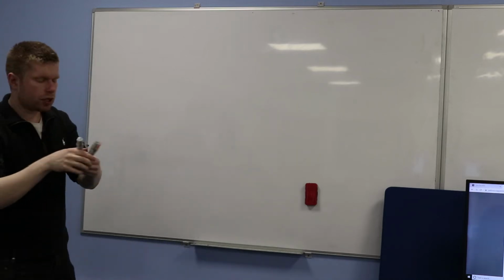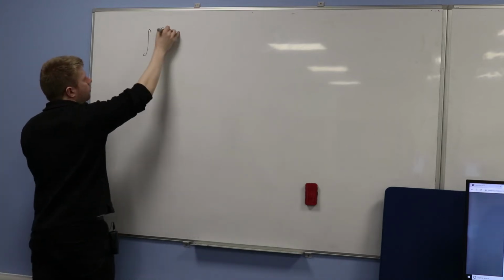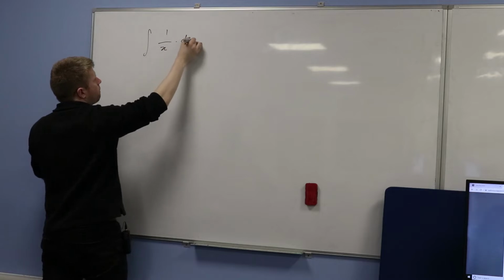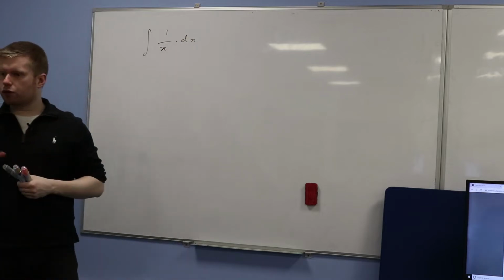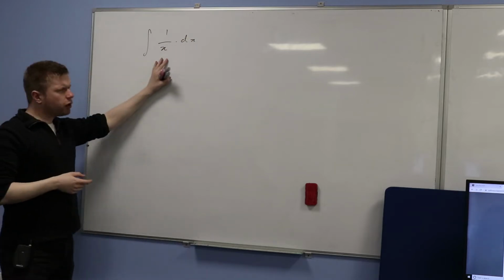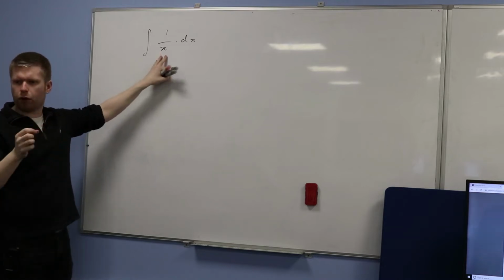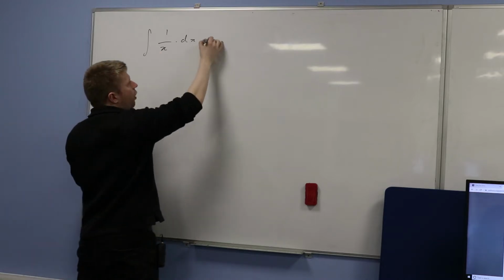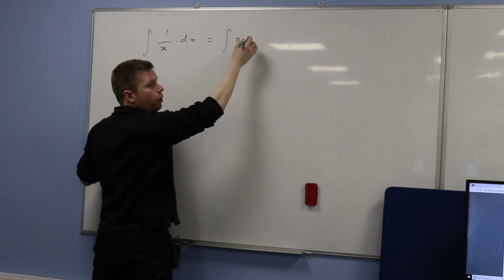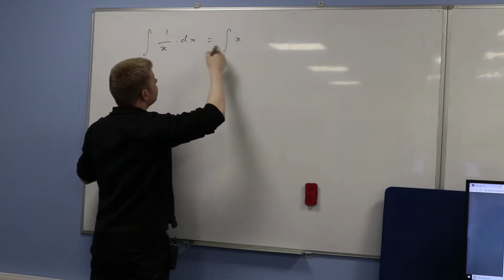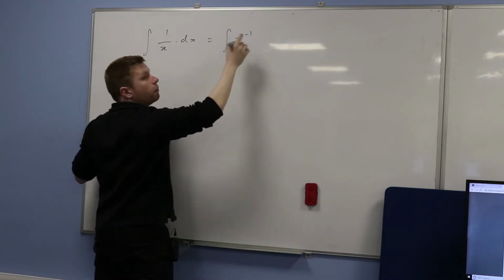Now, can I draw your attention to this one here? 1 over x with respect to x. At first, you look at this and you go, this looks like a polynomial function because I can rewrite it as x to the power of minus 1.